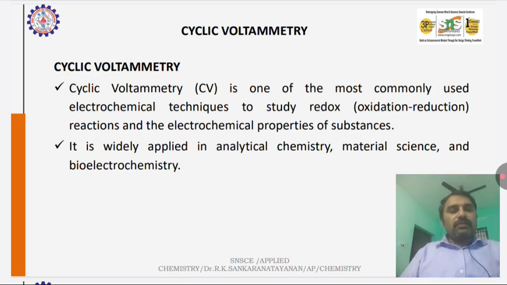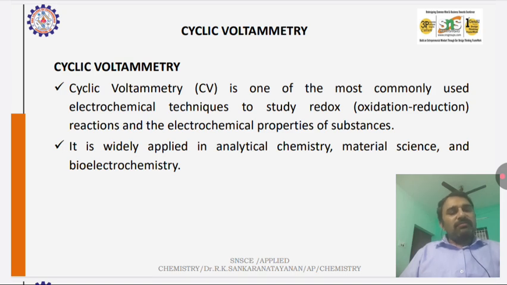That is called oxidation, where one electron is lost and it forms Fe3+ ions. Next is chromium: Cr6+ forms Cr3+. That is called reduction.